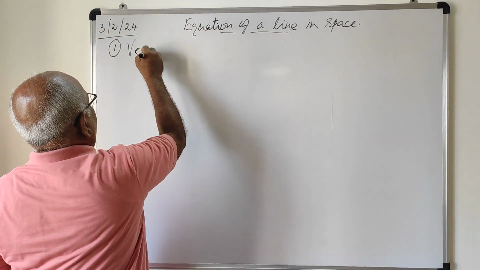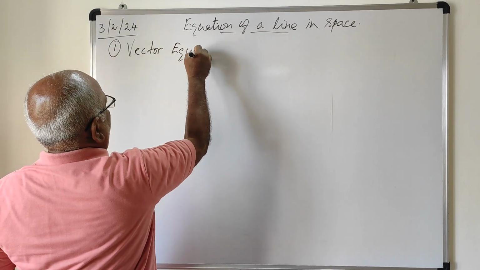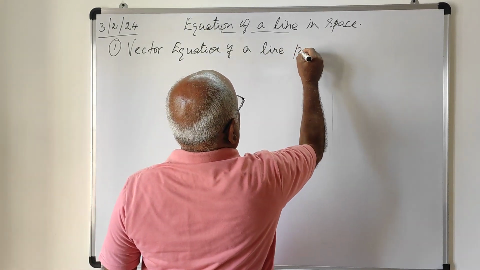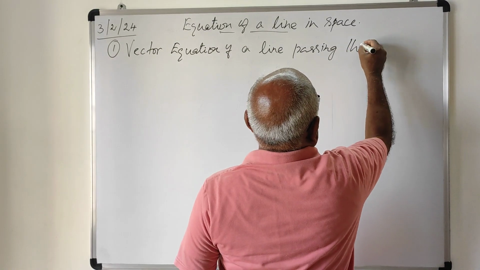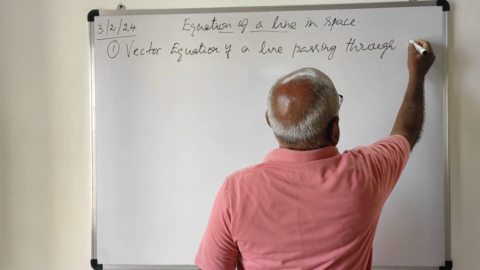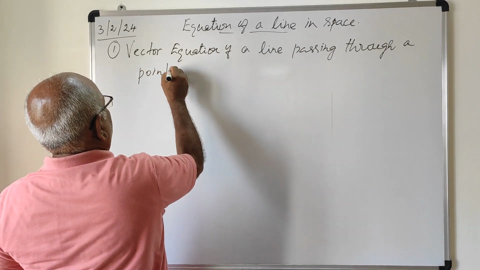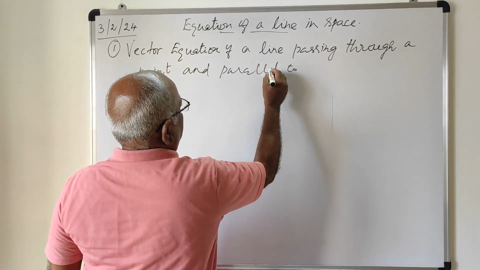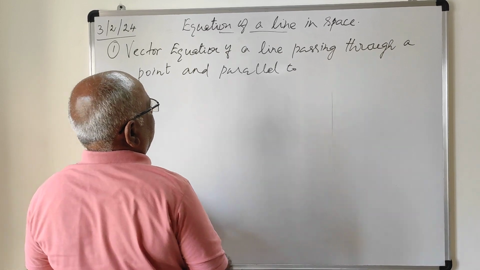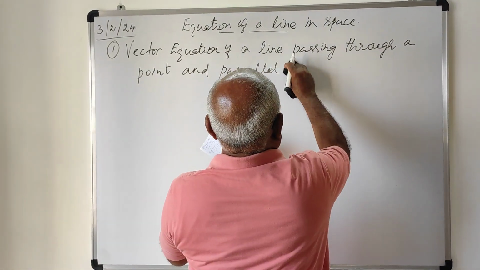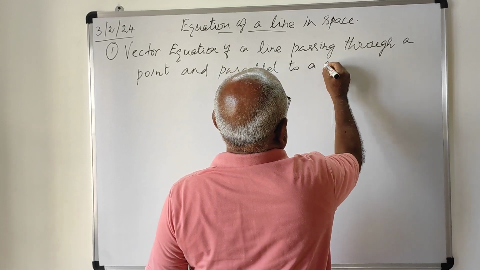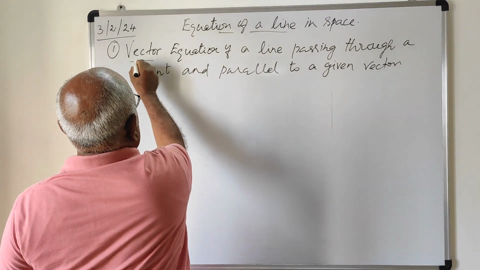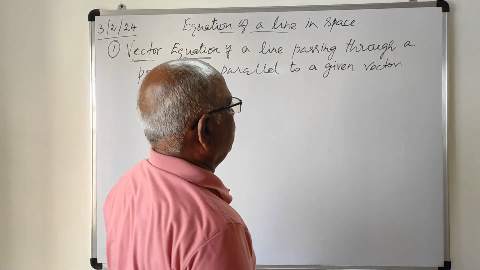Vector equation of a line passing through a point and parallel to a given vector.